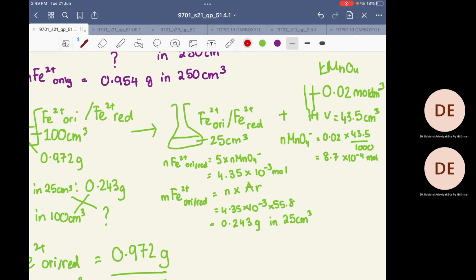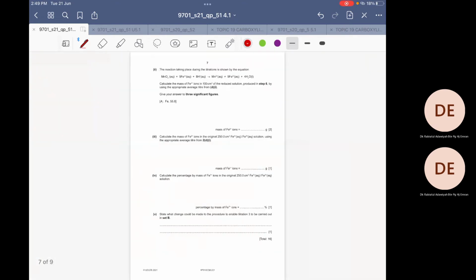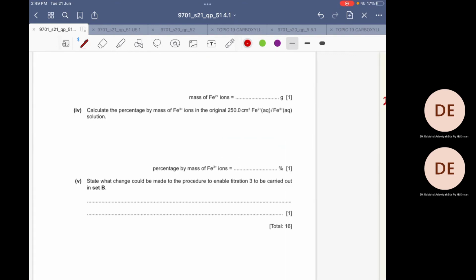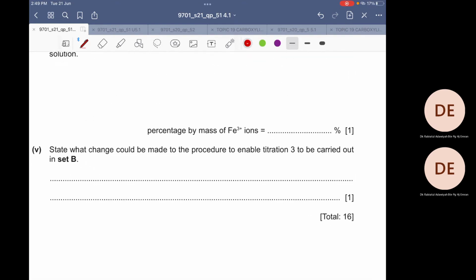So how does that work? We cannot change the concentration, but we want to increase the number of moles. What change could be made to the procedure to enable titration 3 to be carried out? Instead of using 100 centimeter cube of Fe2 plus Fe3 plus, we increase it even more. So that you have a big number of moles of Fe2 plus, you just need a small amount of manganate.